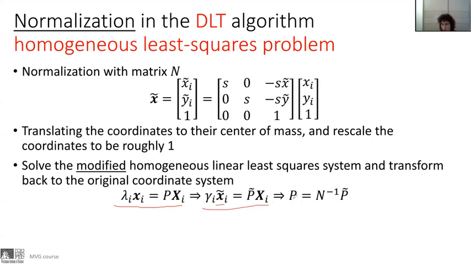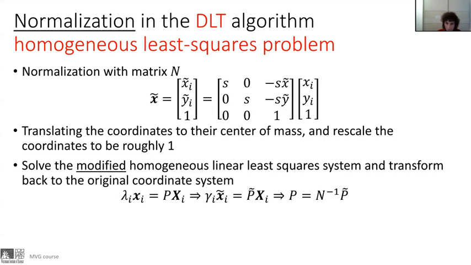And then you move from the calculated P tilde, by the normalization, to the problem that you want to solve, actually to P. I guess that anybody who took the course in computer vision is familiar with such normalization for the fundamental matrix, etc. But this is not optional. This is what you need to do when you solve the DLT problem. This is very important.